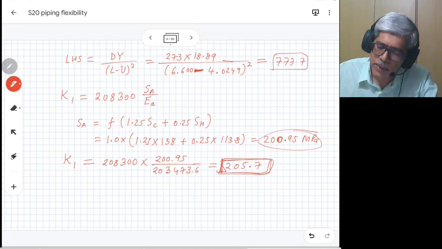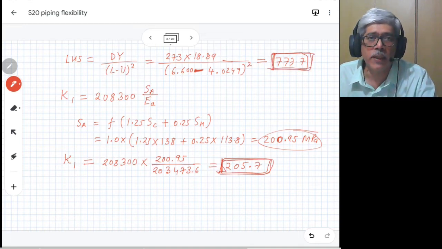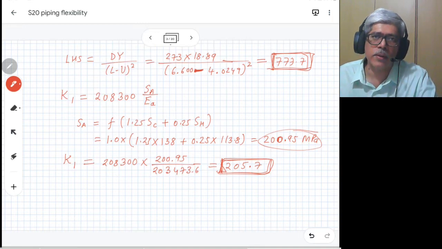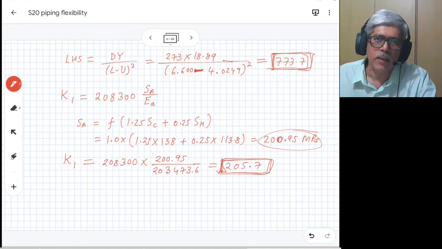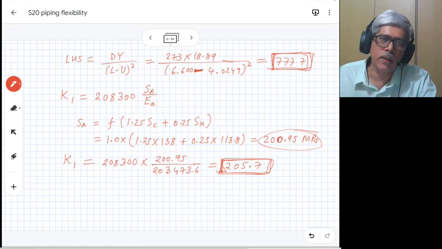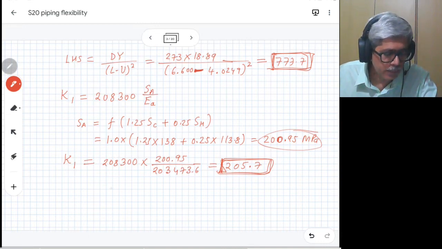So our right hand side is 205 and the left hand side is 777.7. So it is not less than the K1 value. So that means that we need to perform the flexibility analysis. So we cannot eliminate doing flexibility analysis for this particular pipeline.